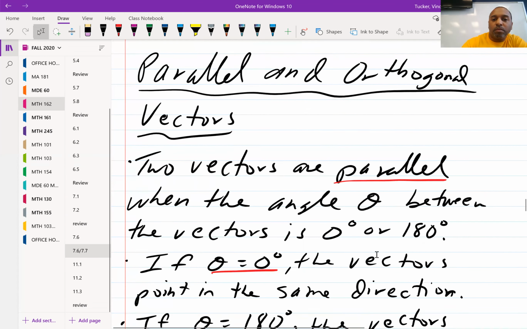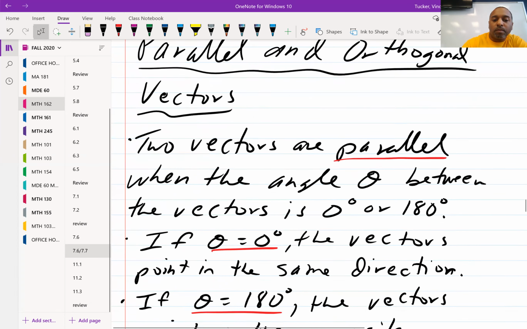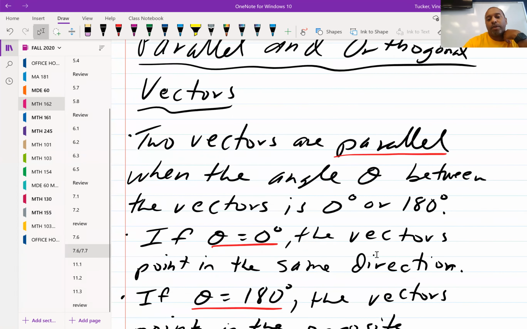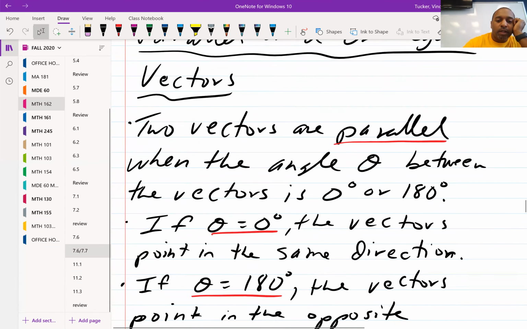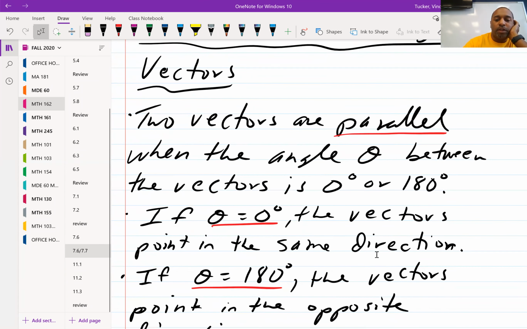If theta is 0 degrees, the vectors point in the same direction. If theta is 180 degrees, the vectors point in the opposite direction.